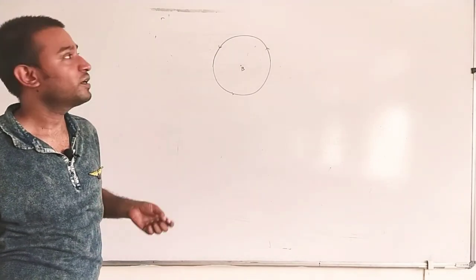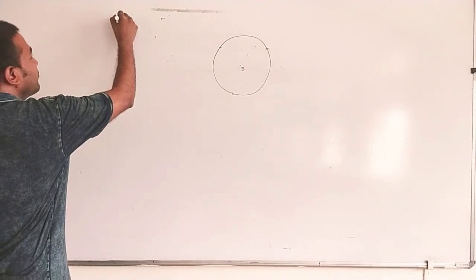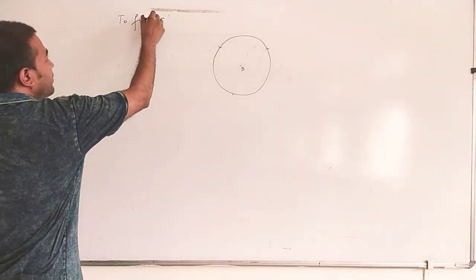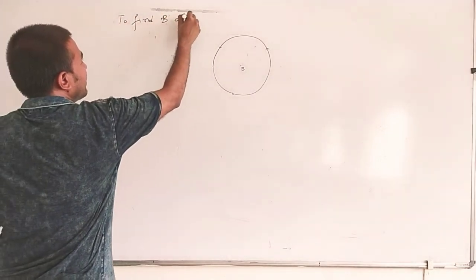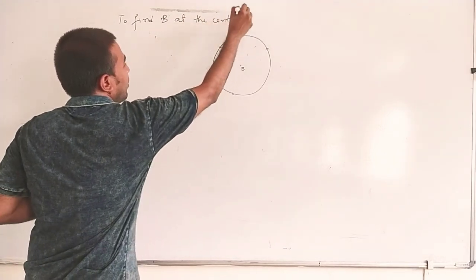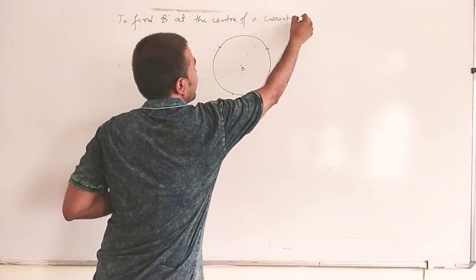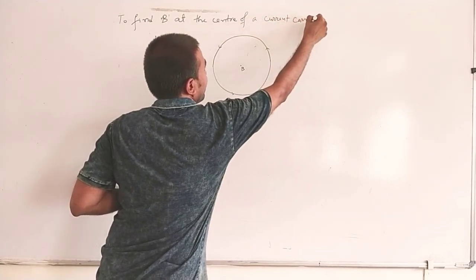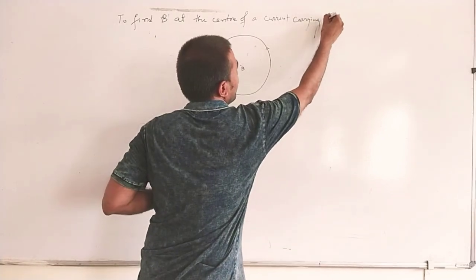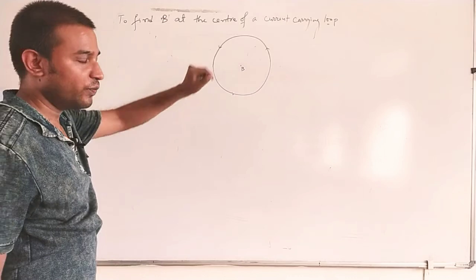We will use the Biot-Savart law to find B at the center of a current carrying loop. This is one loop.